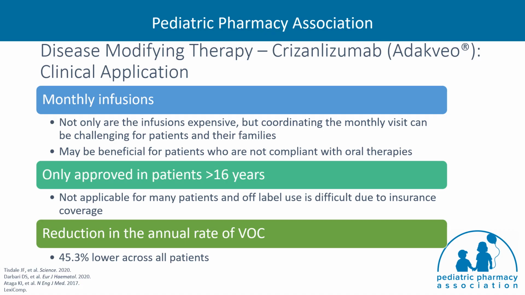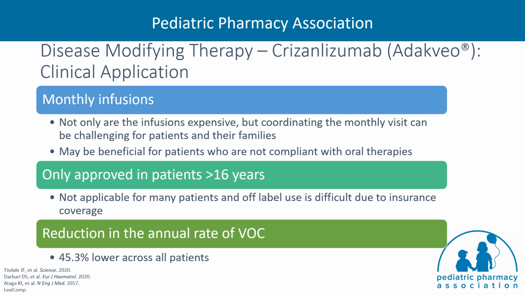So when we think about the clinical application of crizanlizumab, it's also not necessarily first-line therapy for these patients, and we're still working to figure out the specific place in therapy of crizanlizumab. Some benefits: it's monthly infusions. So these are expensive, and coordinating them can be challenging for patients and families.